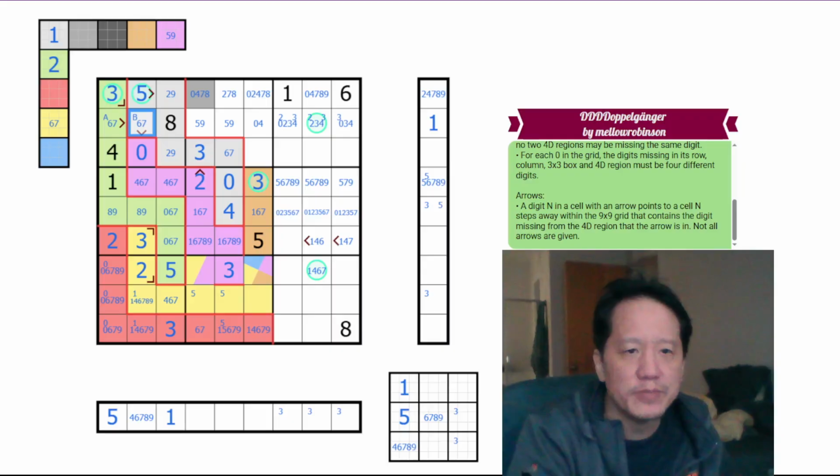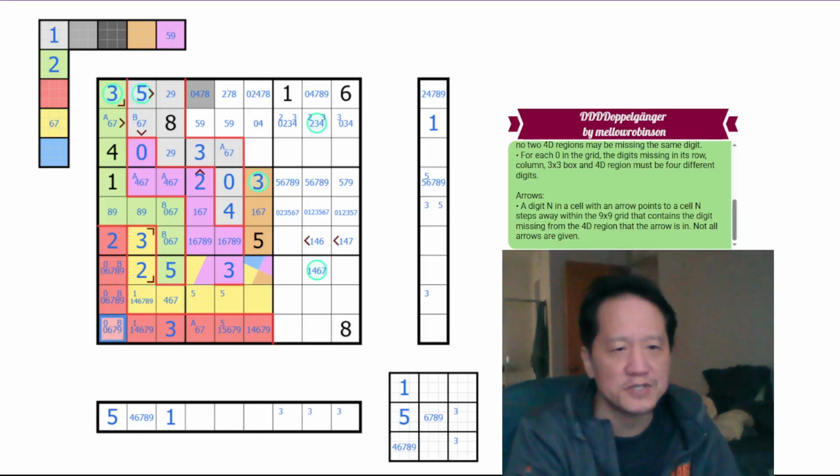Make that A and B. That forces this to be A, which is what's missing in yellow, so this must also be A. B is in one of the green cells, so B is one of those. A has to be one of these 2. B must be in one of these 3.